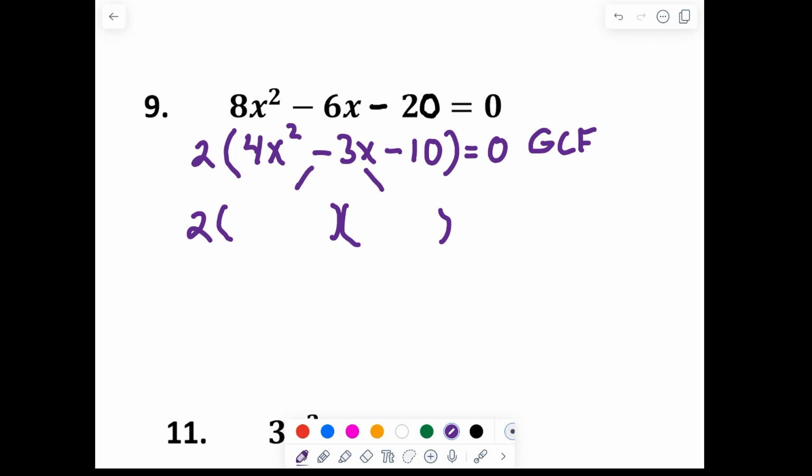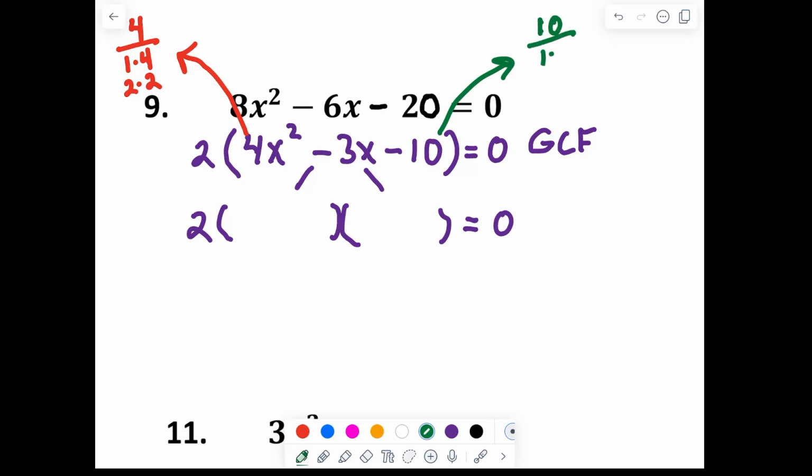So I know that I can factor out a 2, and what I'm left with is 4x squared minus 3x minus 10 equals 0.